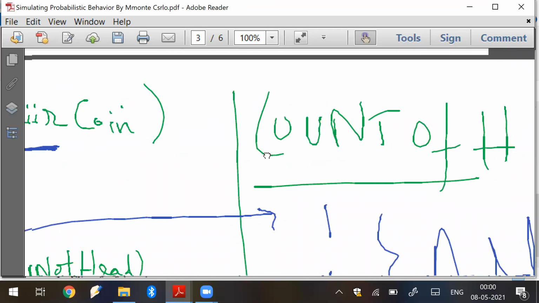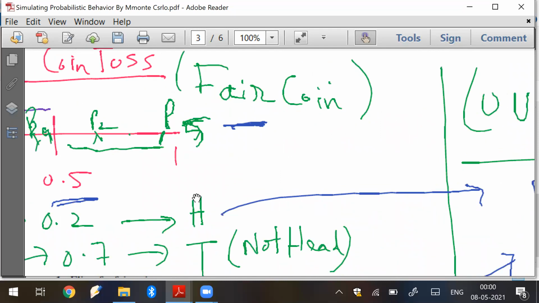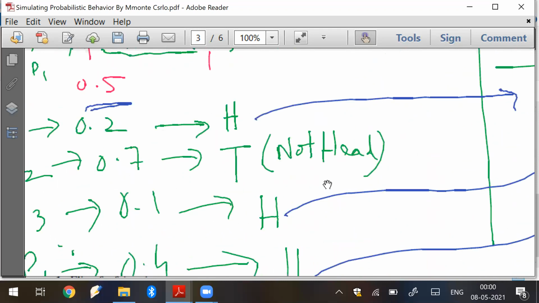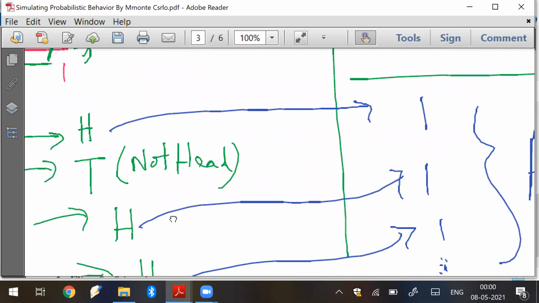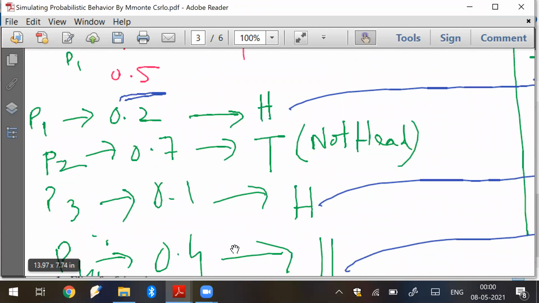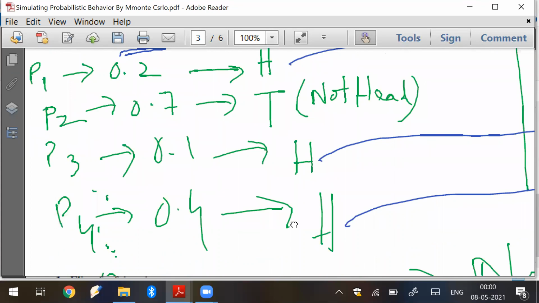Suppose P1 is 0.2, then you are getting a head, so I put 1 here. Again for P3 you are getting 0.1, so again a head, and I get 1 here. Again for P4 you get 0.4, again a head, so I put 1 here.